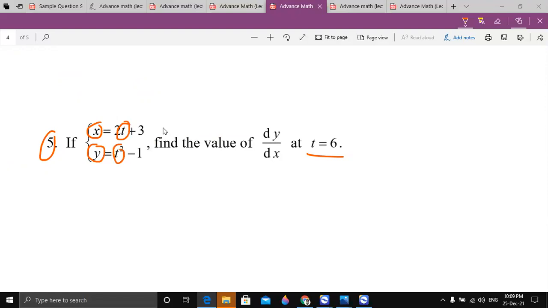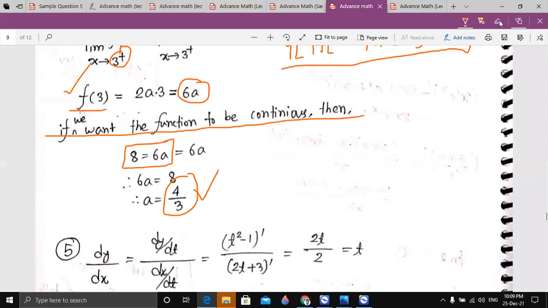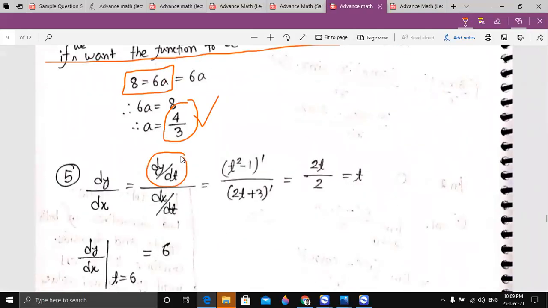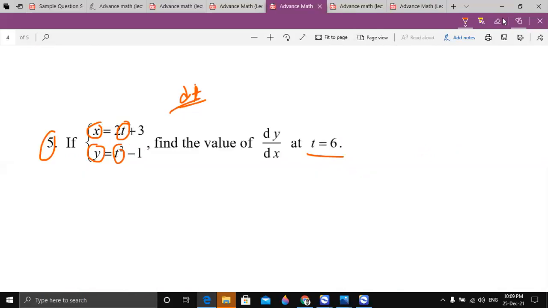So in this case we have to find the derivative in terms of t. Let me show you here. We have to find the derivative of y in terms of t and also of x in terms of t.